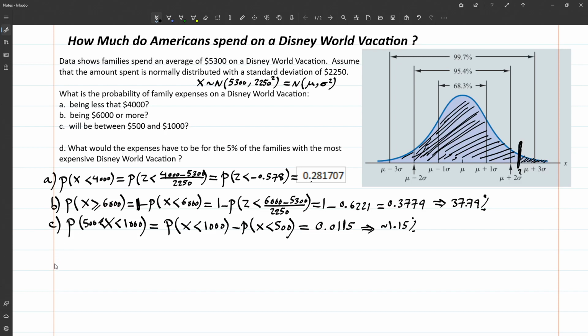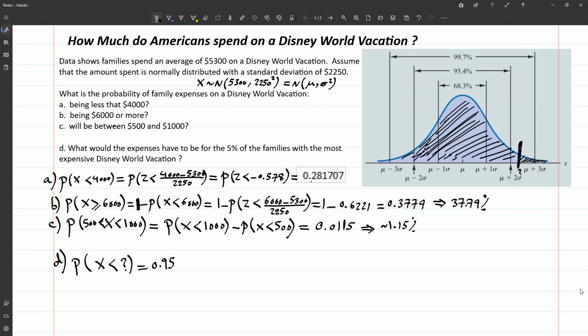So first I need to compute the expense such that expenses below that value have a chance of 95%, or 0.95. That's what I'm trying to figure out.